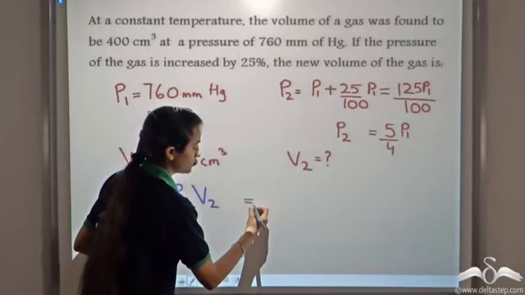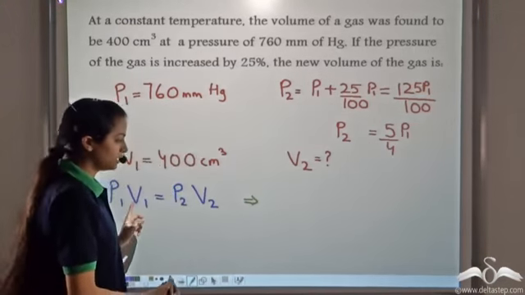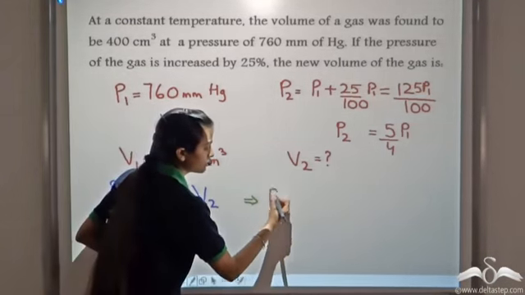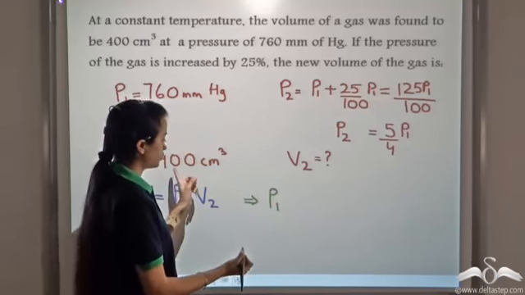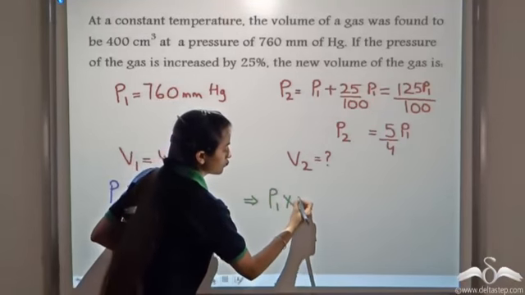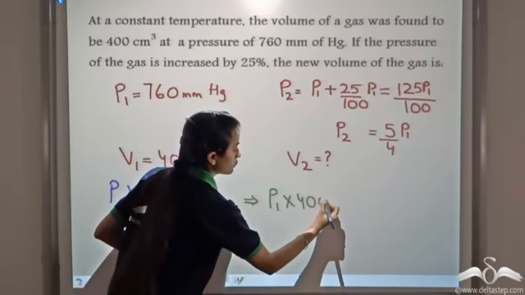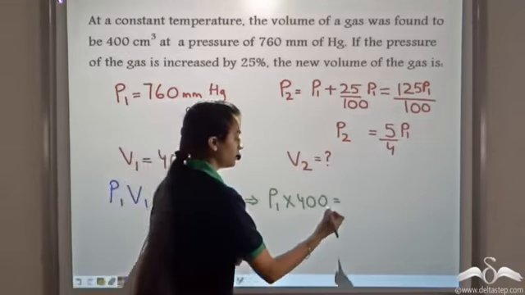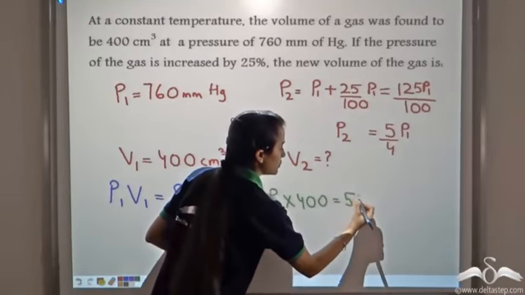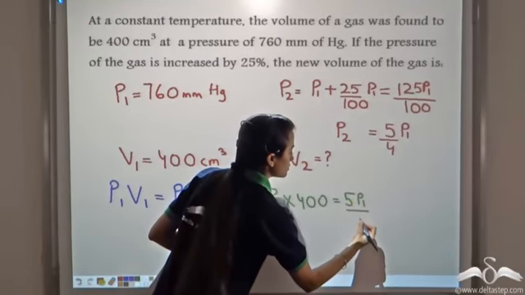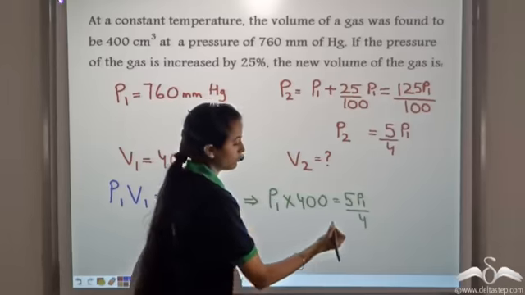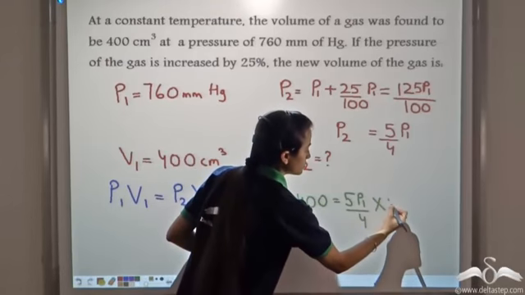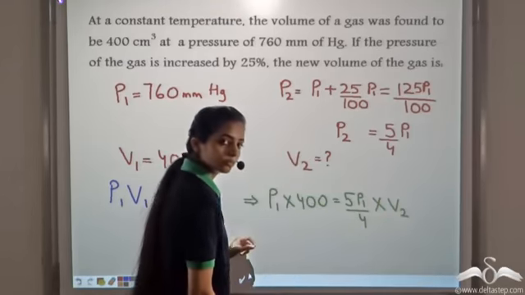So let's try to solve this. So initial pressure is P1. Initial volume is 400. Final pressure, let's write it in terms of P1. We have 5 P1 by 4. And we have to find out the final volume, which is V2.